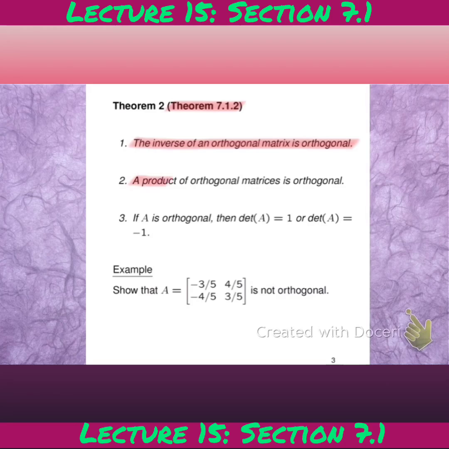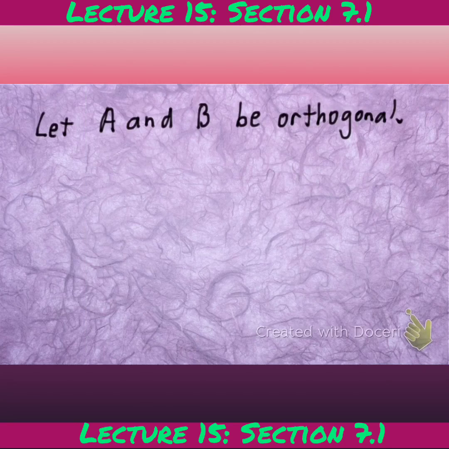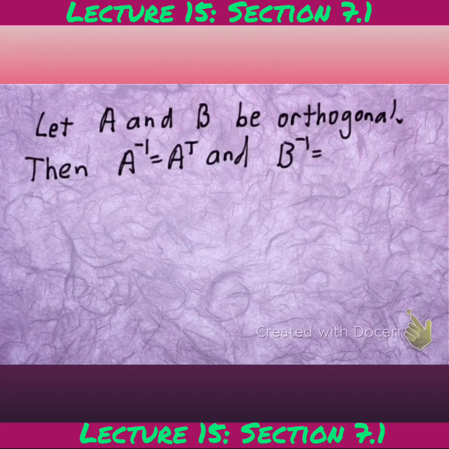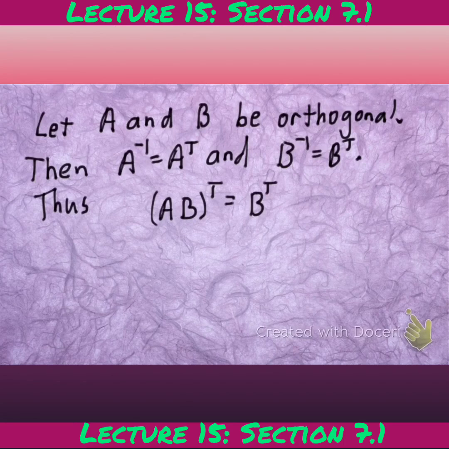Right, the second property is that a product of orthogonal matrices is orthogonal. Right, let A and B be orthogonal. Then we know that A's inverse is A's transpose and B's inverse is B's transpose. So that's going to imply that if you look at A times B and its transpose, that's B's transpose times A's transpose.